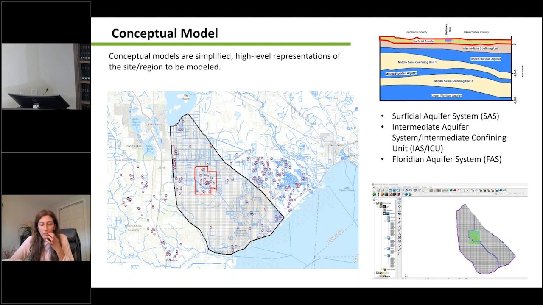So there are three layers in the Florida groundwater system. The first one is the superficial aquifer system, which is the shallow aquifer. And the second one is the intermediate aquifer, which consists of some intermediate confining units, and finally the Floridan aquifer system.